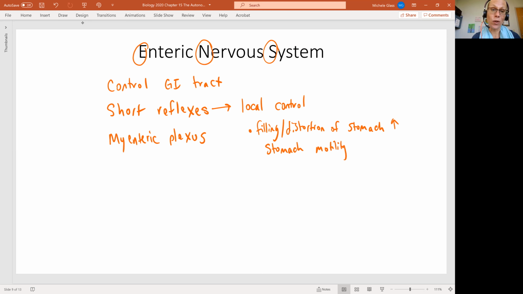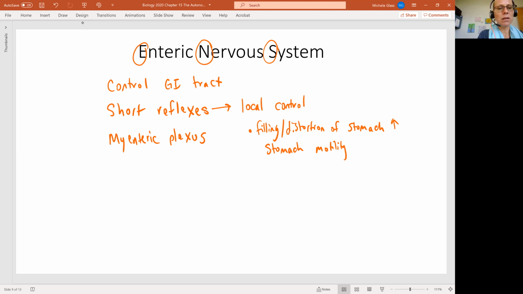So just movement of food into the stomach causes that stomach motility to increase. And the stomach has this kind of movement that's described as segmentation movement, and it's like a churning, a mixing, and a little bit of a mechanical breakdown of that food. So that'll be an important part of the digestive activities happening in the stomach.